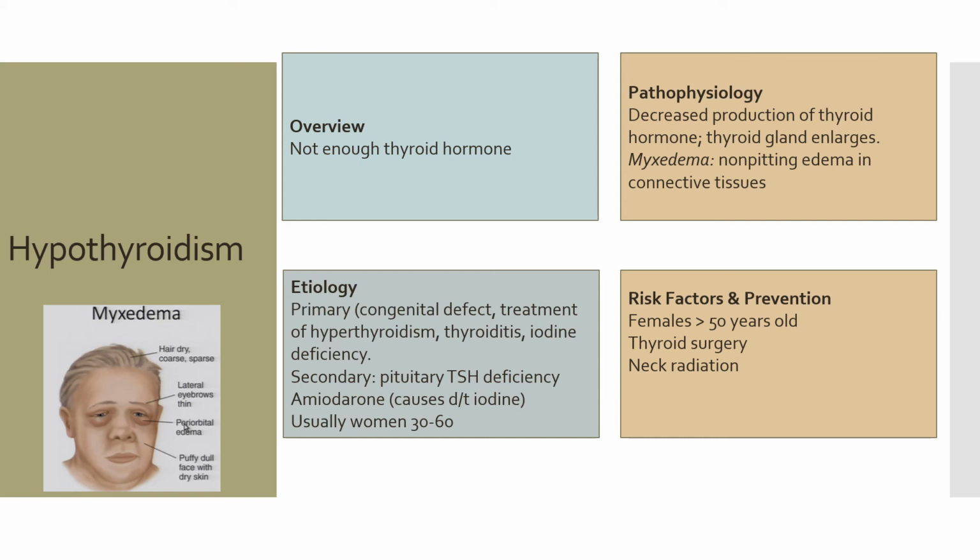Hypothyroidism means they don't have enough thyroid hormone. Pathophysiology is the decreased production of thyroid hormone. The thyroid gland enlarges. One of the diseases is called myxedema, and they get non-pitting edema in connective tissues. Etiology: primary can be a congenital defect or treatment of hyperthyroidism.